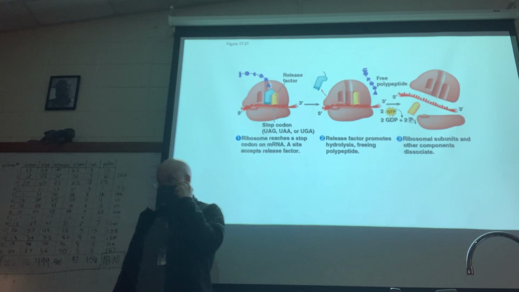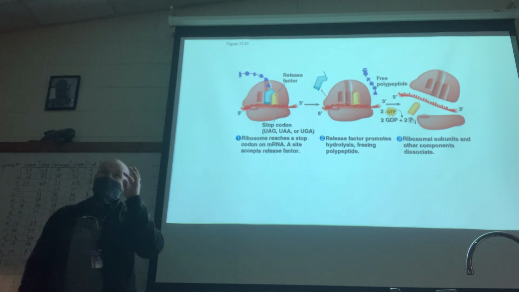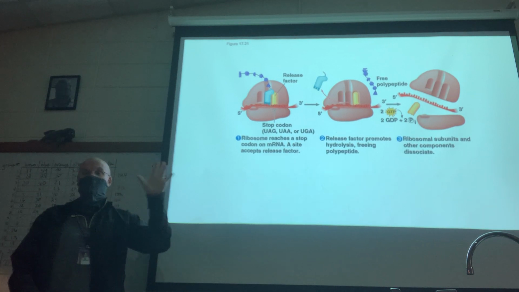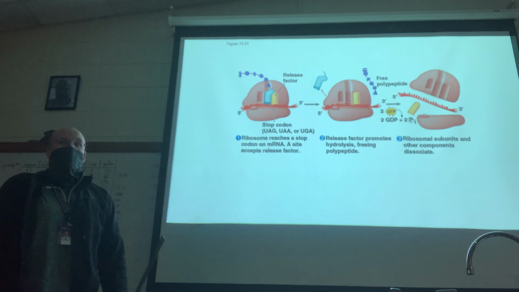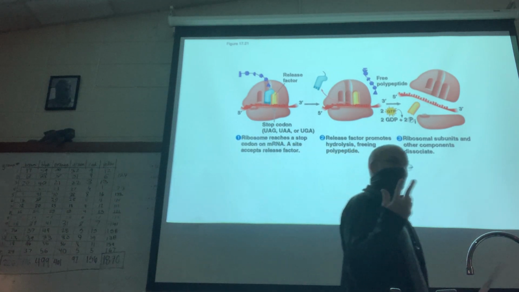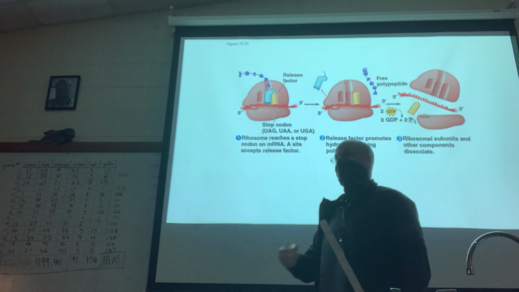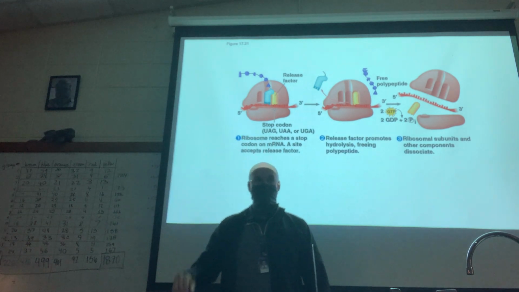Okay, so that's translation. But there's maybe two more slides that I want to point out some tangential information about. What were the two types of ribosomes that we talked about a long time ago? They actually correspond to the two types of ER, or endoplasmic reticula.